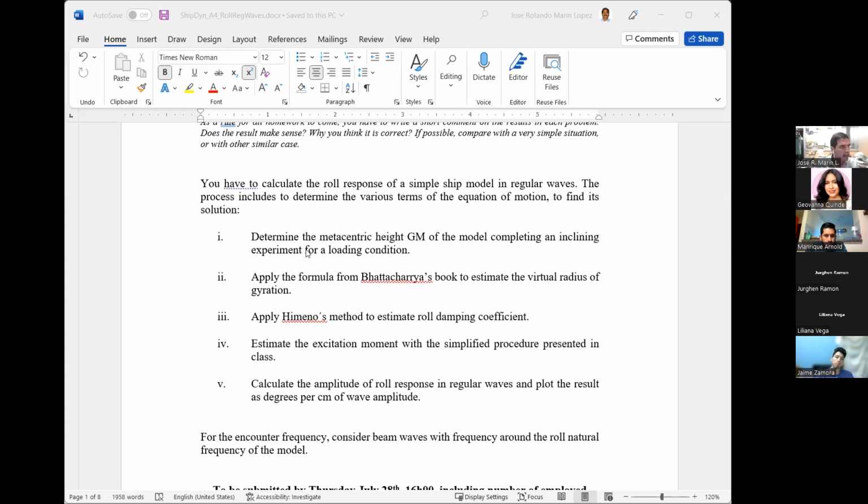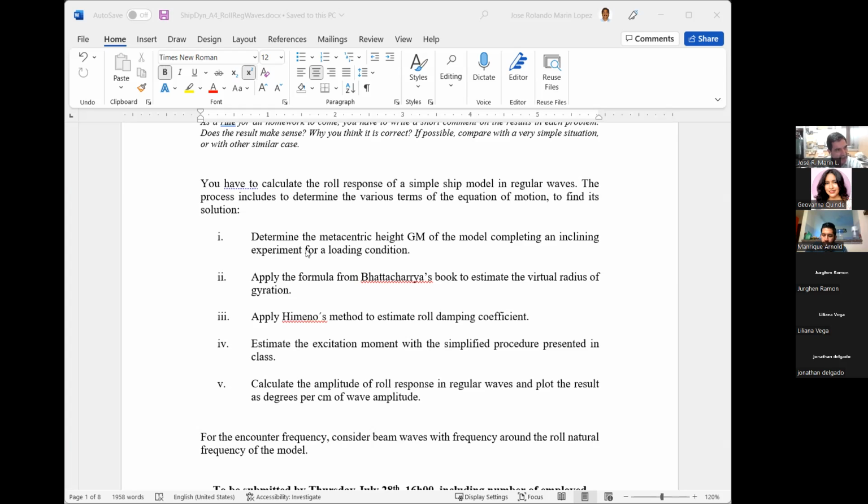Okay, Mr. Delgado, describe for us how you complete an inclining experiment. Yes, doctor. We have the variation of the loading condition. No. Come on. Inclining experiment, Mr. Matute.